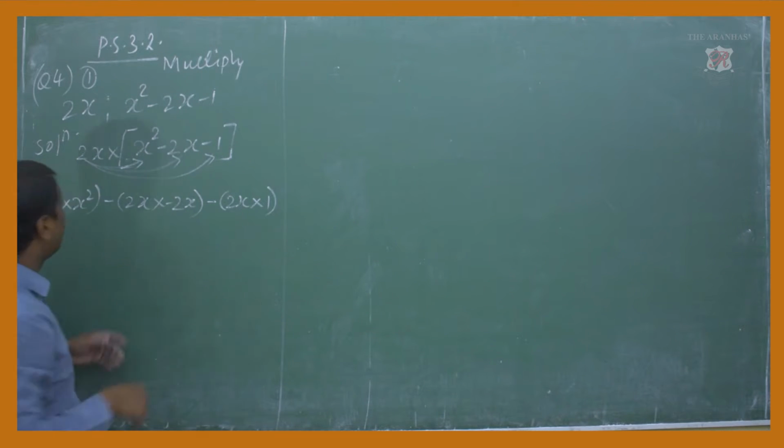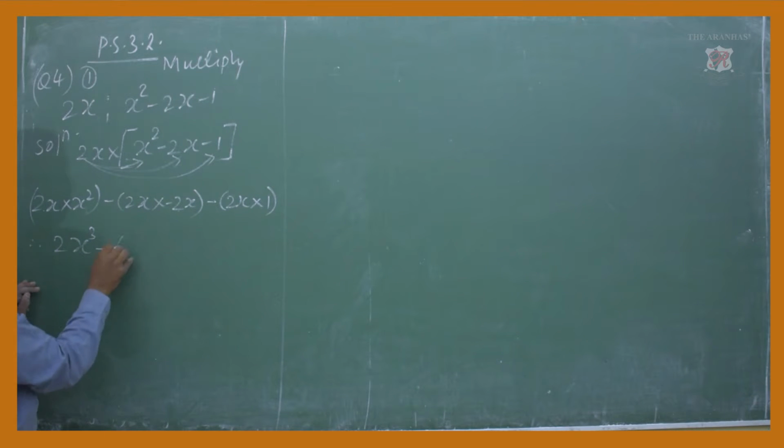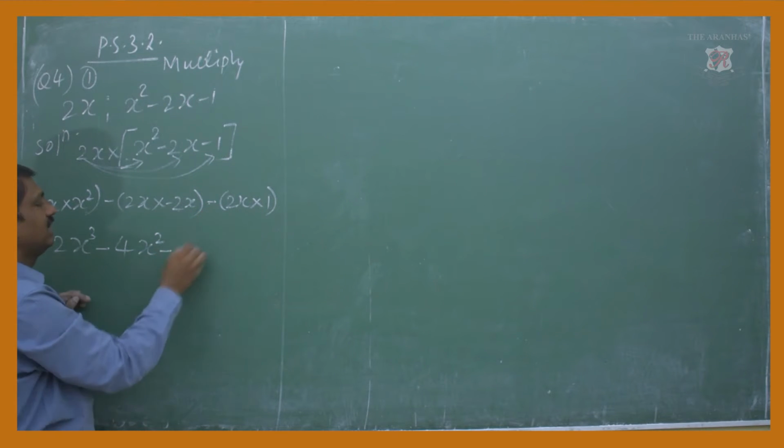See, here we multiply each and every term by 2x. So 2x into x square gives 2x cube, then minus sign as it is, 2 twos are 4, so 4x into x, that means x square, then minus sign as it is and this is 2x.